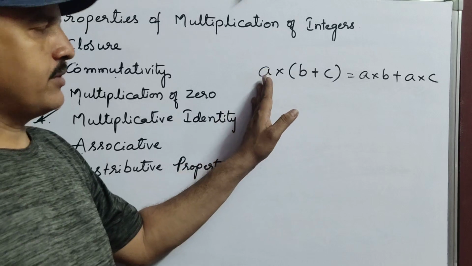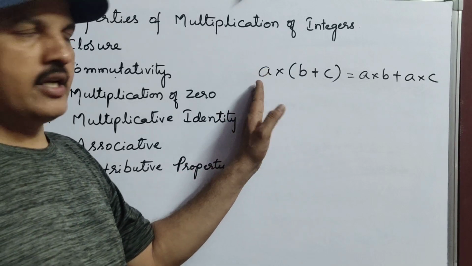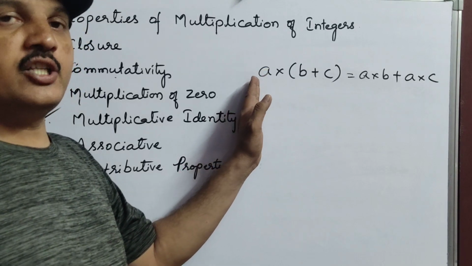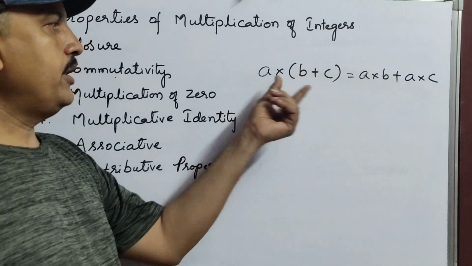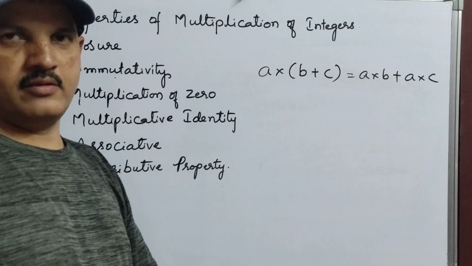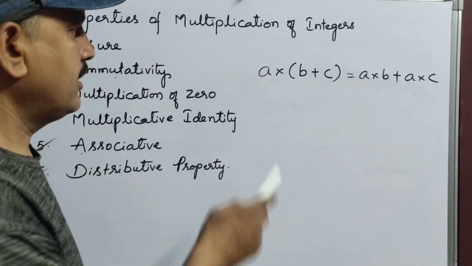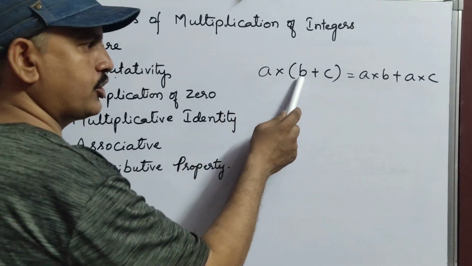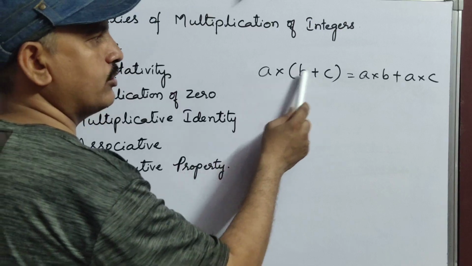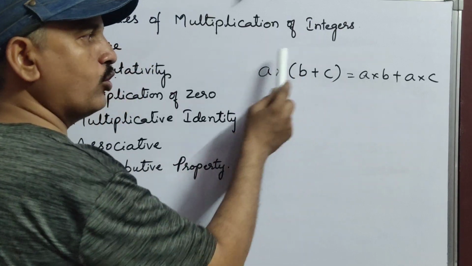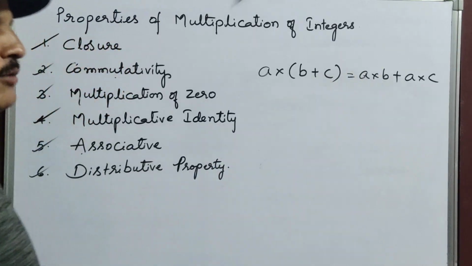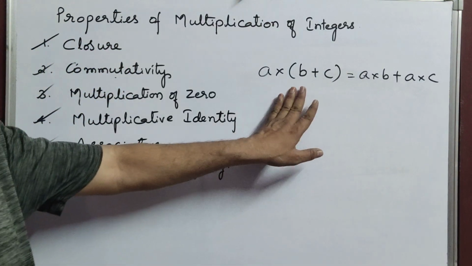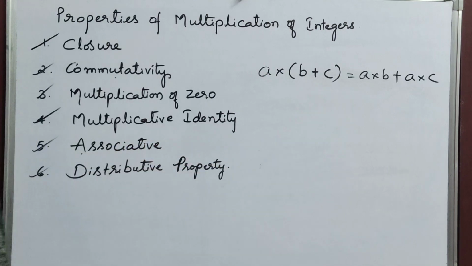Now, when A comes, what will A do? A will distribute chocolates to both B and C because B and C belong to the same class. A distributes the chocolate to B, that means A into B, and A goes to C also, so A into C. You can remember it that way: A into B plus A into C.